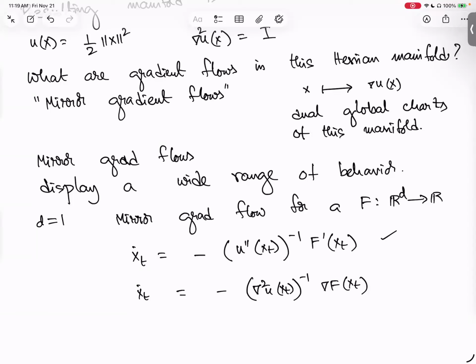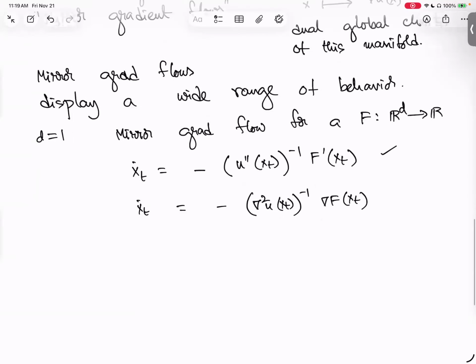Now let's take some particular examples and see how this behavior is drastically different. I'm going to take d equals 1 and the function f of x equals x squared over 2. Very simple function.